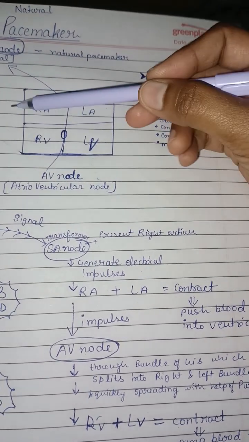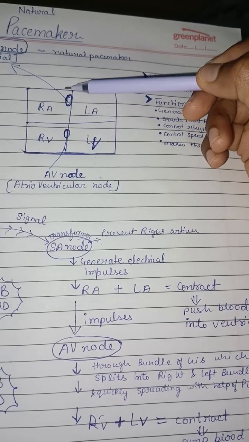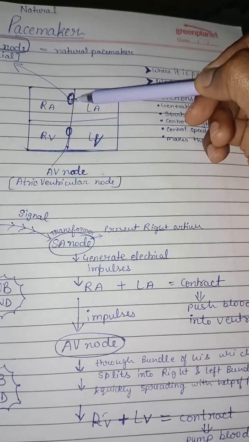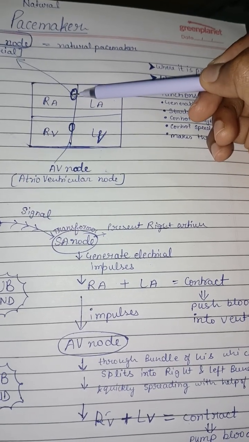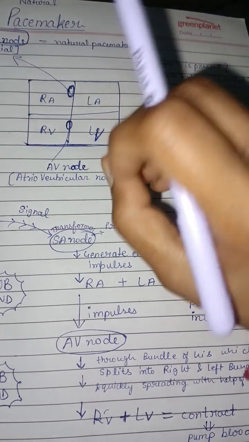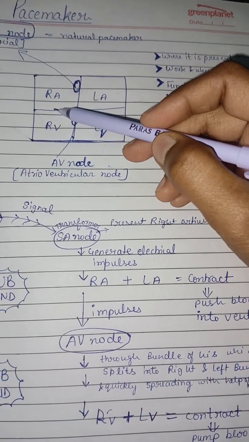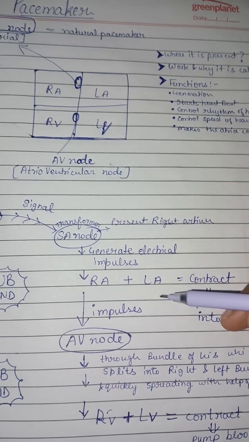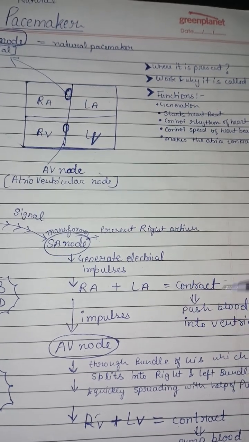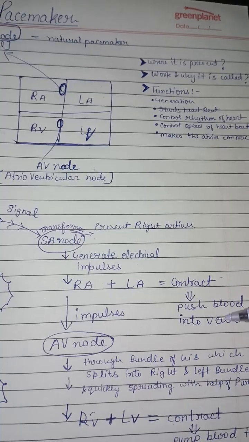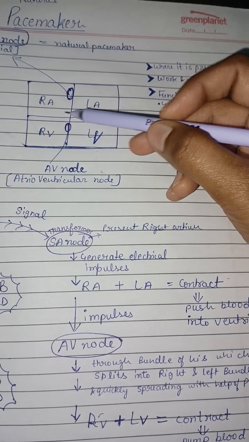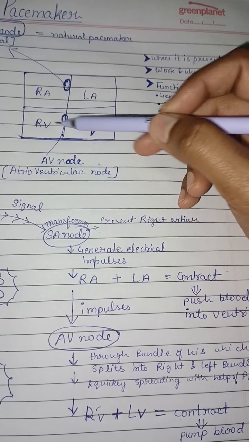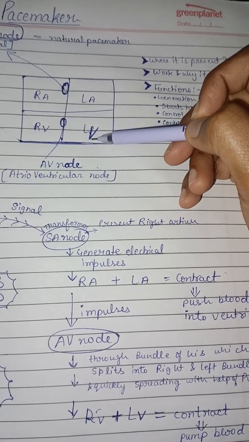The sinoatrial node generates impulses, then transfers them to the right atrium and left atrium, which contract and push blood into the ventricles, into the right ventricle and left ventricle.